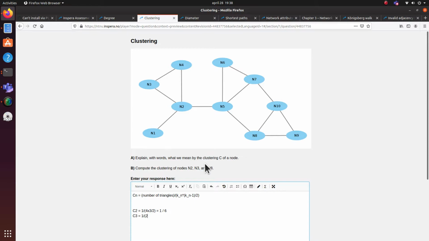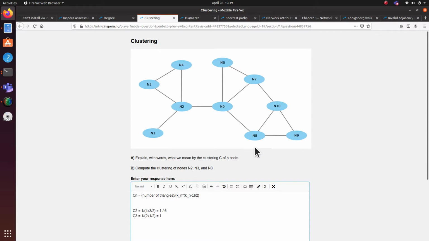So C3 is 1 divided by 2 times 1 divided by 2, which is 1. And that's clear. There's no way you could add more connections between the neighbors of n3 that would increase the interconnectedness of its neighborhood. It has 2 neighbors and they're connected. That's as far as you're going to get.